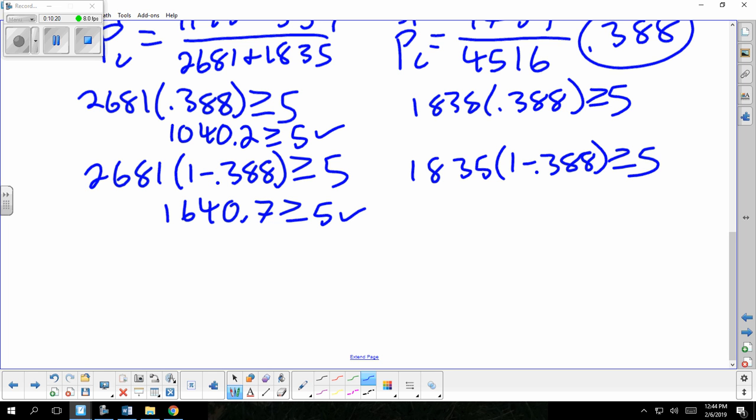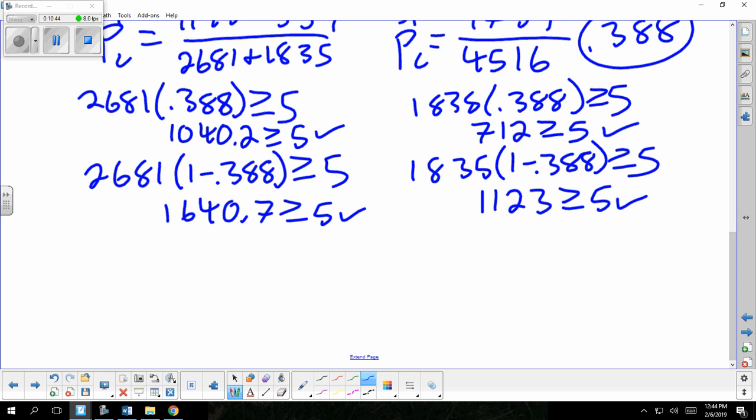And 712 is greater than or equal to 5. And 1123 is greater than or equal to 5, right? So we have a large enough sample size for our central limit theorem to apply, guaranteeing that we have that approximately normal shape so our p-value and our normal calculations can take place.